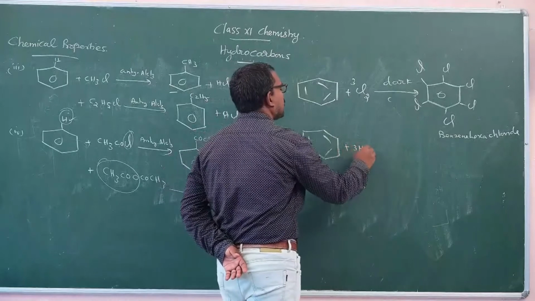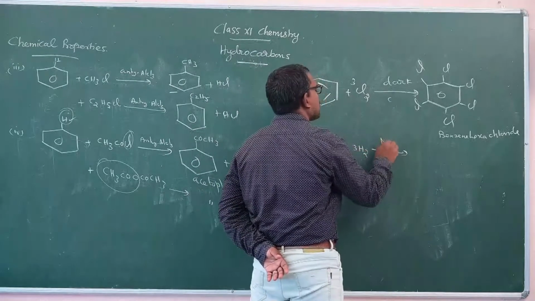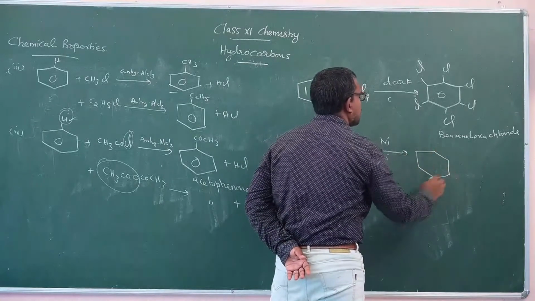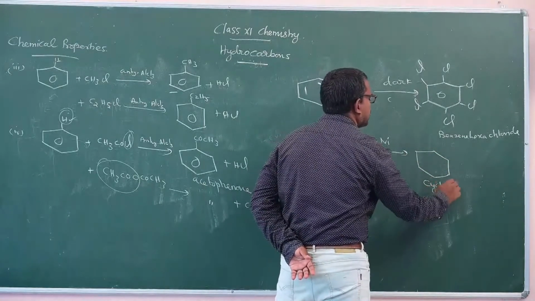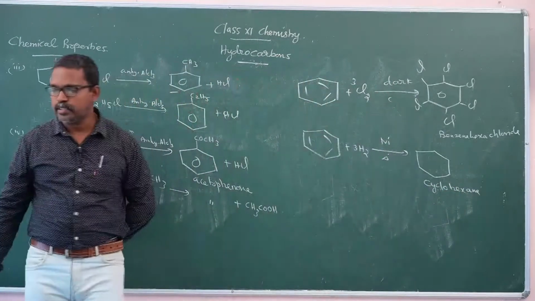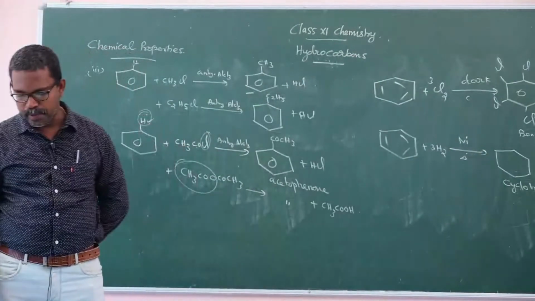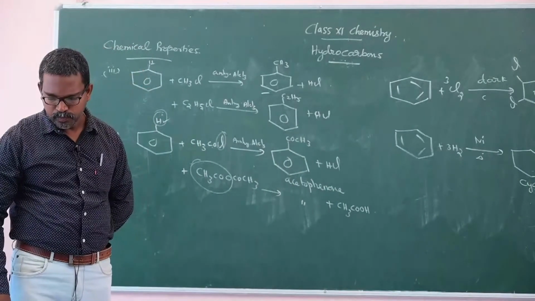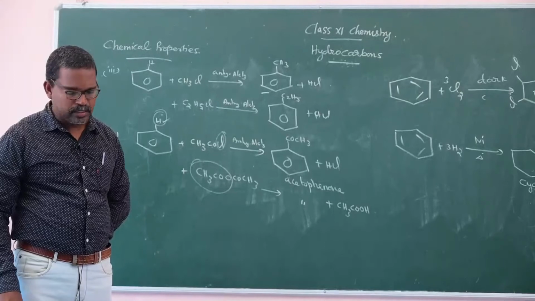Benzene reacts with three molecules of hydrogen in the presence of nickel as the catalyst and gives cyclohexane as the product. Benzene undergoes an addition reaction to give cyclohexane.